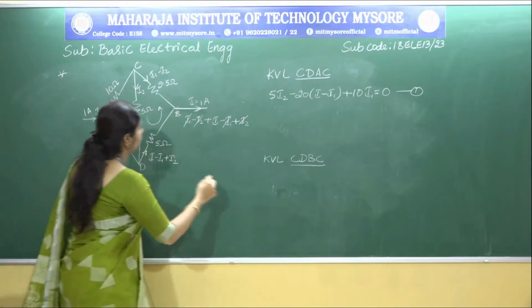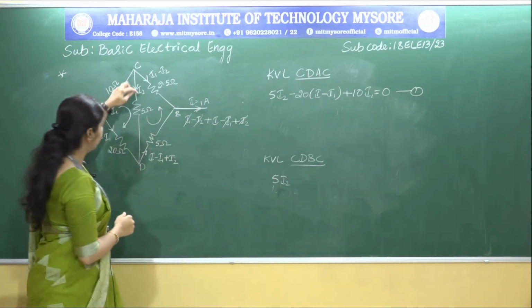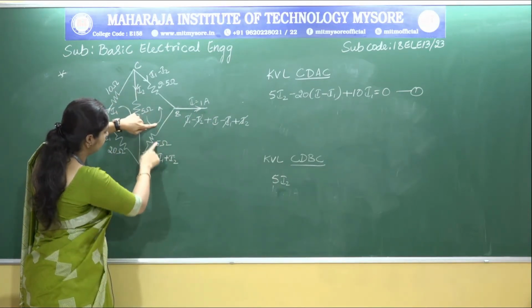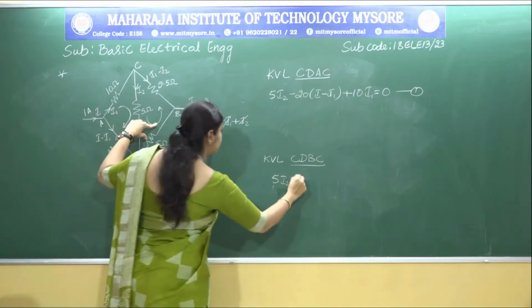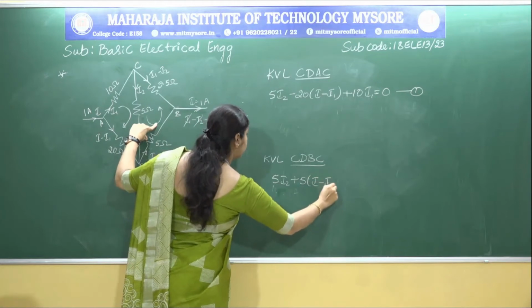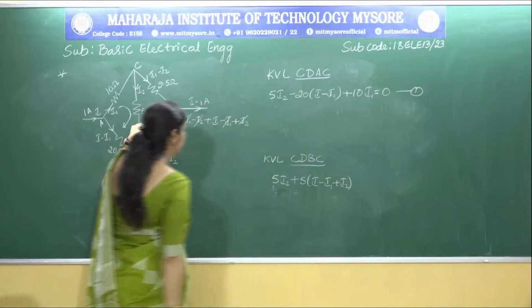Then we can write 5 into I2. Both are in the same direction, then plus 5 into I minus I1 plus I2.